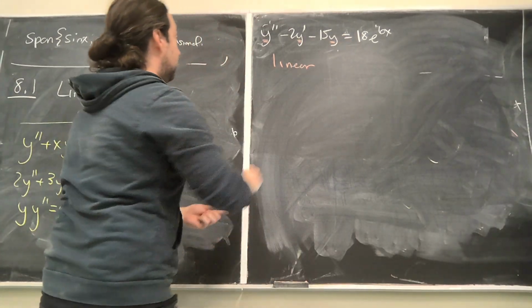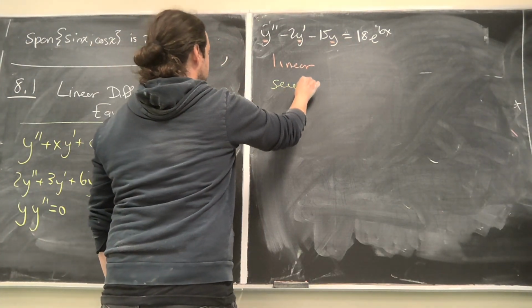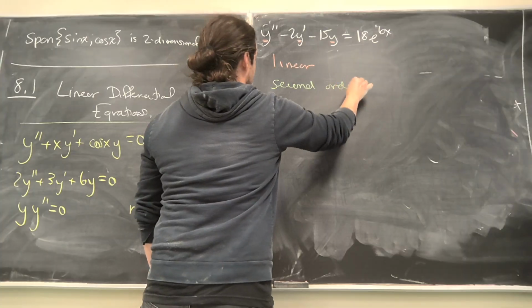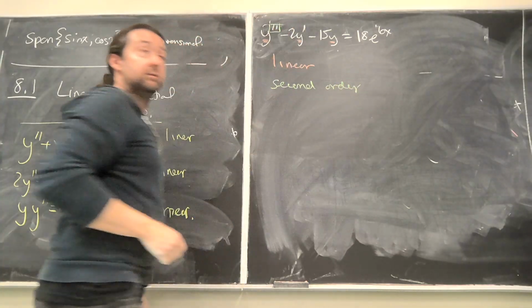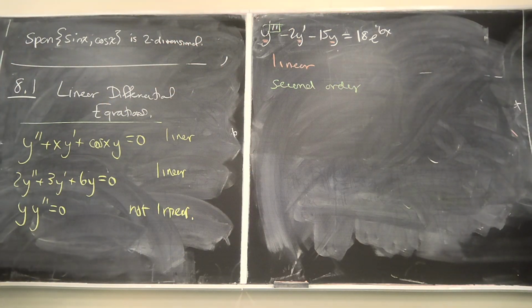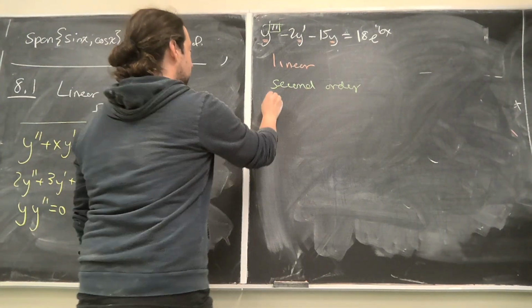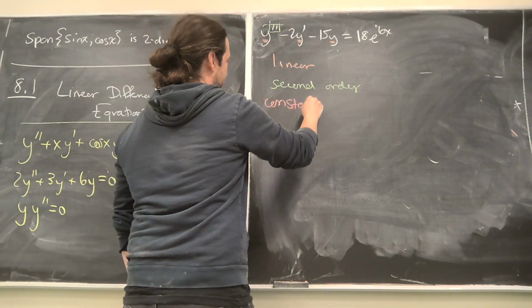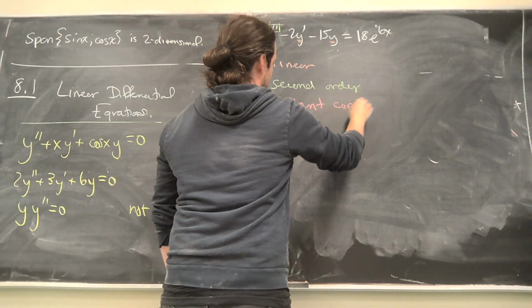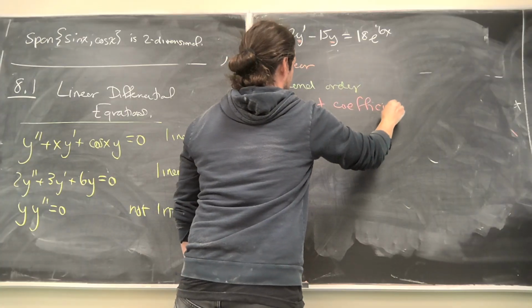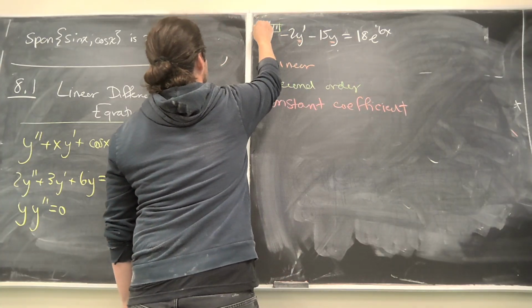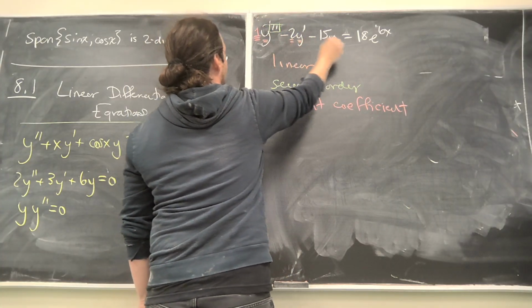It is also second order because there's a second derivative. It is constant coefficient because all of the coefficients here are constants.